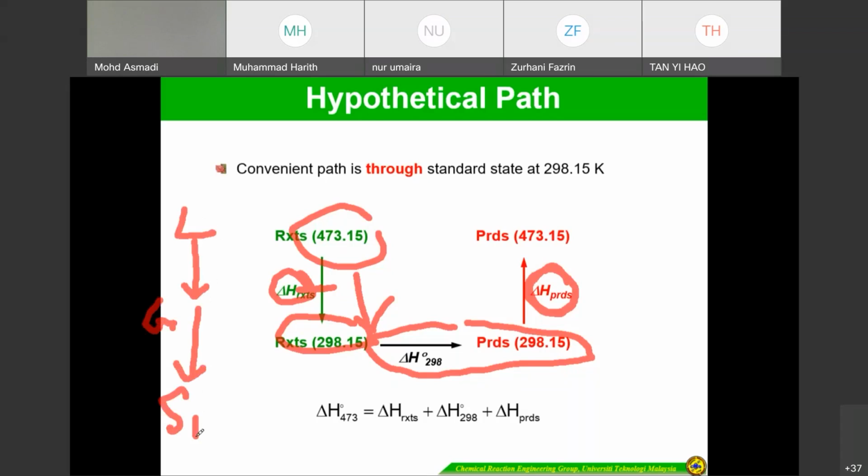So you have to calculate: change in phase is latent heat, and change in temperature is sensible heat, and then the standard heat.